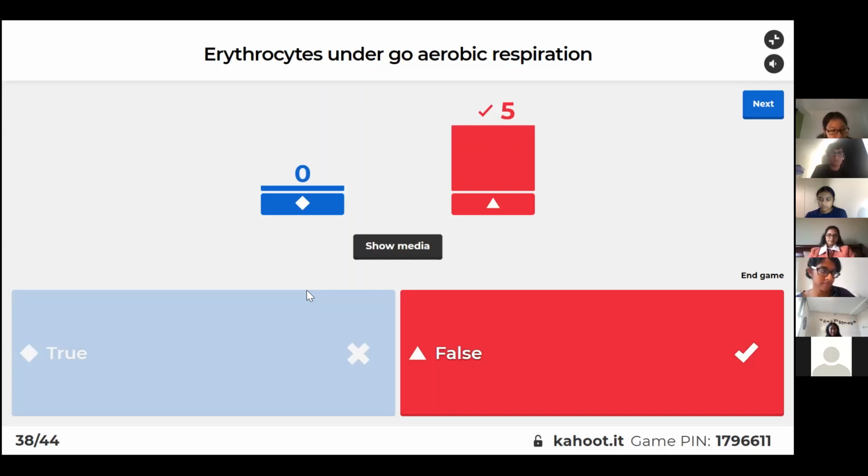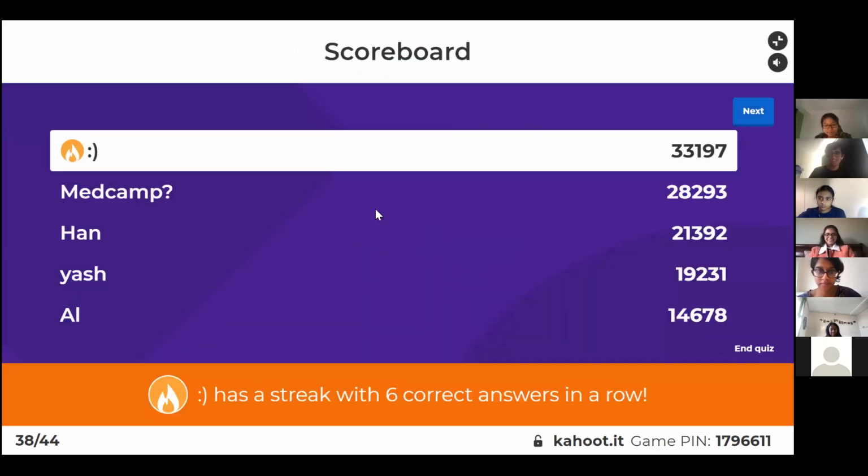So hence it's anaerobic. That's exactly right. Can't undergo aerobic respiration, so instead it gets about 95% of its energy from anaerobic glycolysis. Good job, Yash.